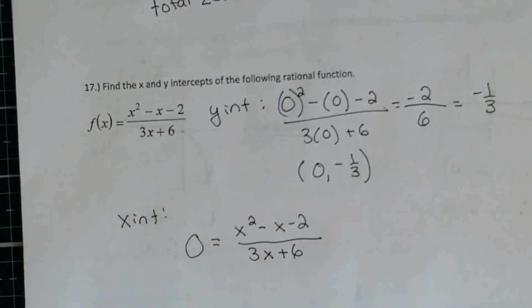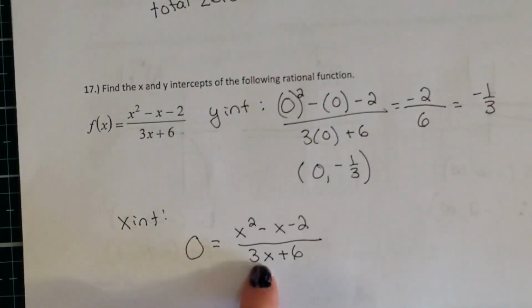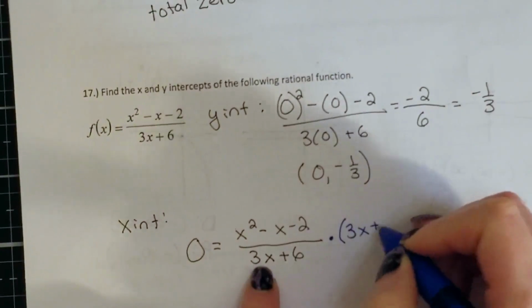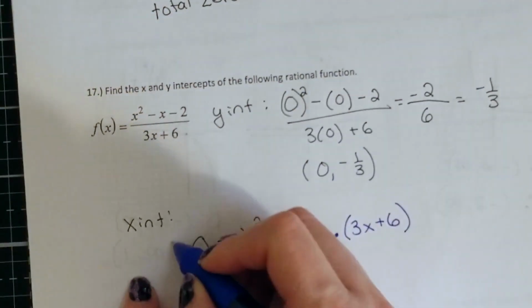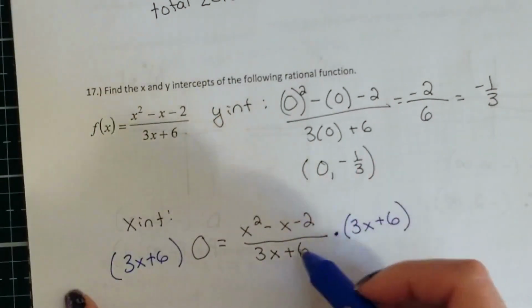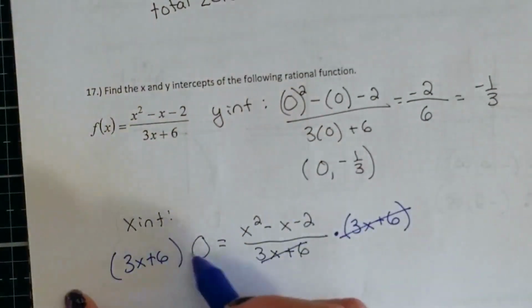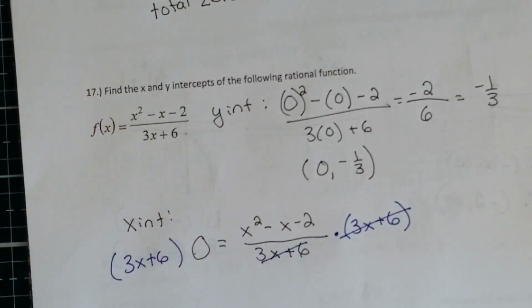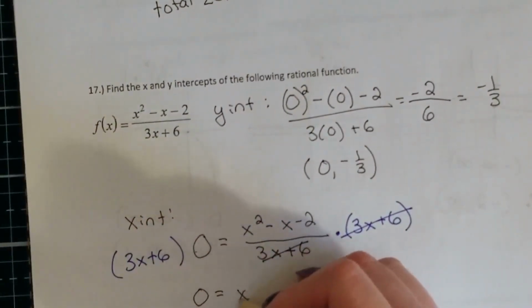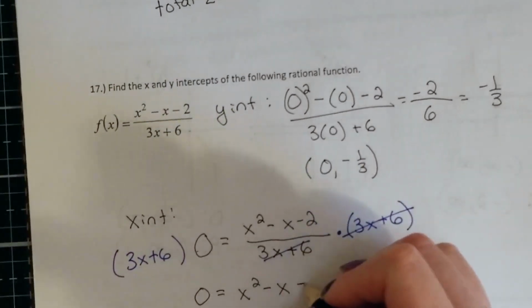Now I'm going to get rid of the 3x plus 6 by timesing both sides by it. And honestly, when you get really good, you can just skip this step, because you'll always know those will cancel. 0 times that is just 0. So it's really always just setting the numerator equal to 0 and solving.